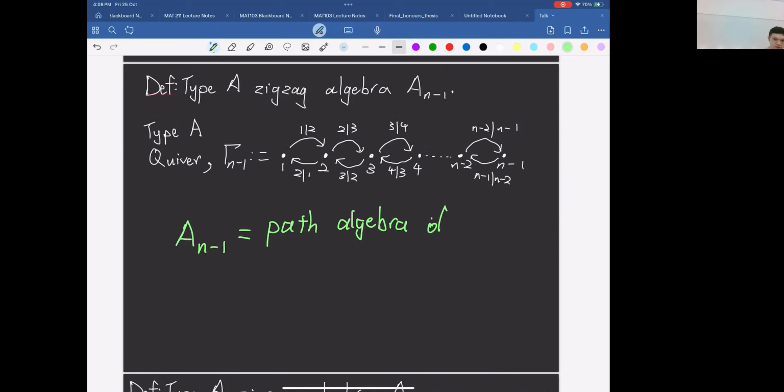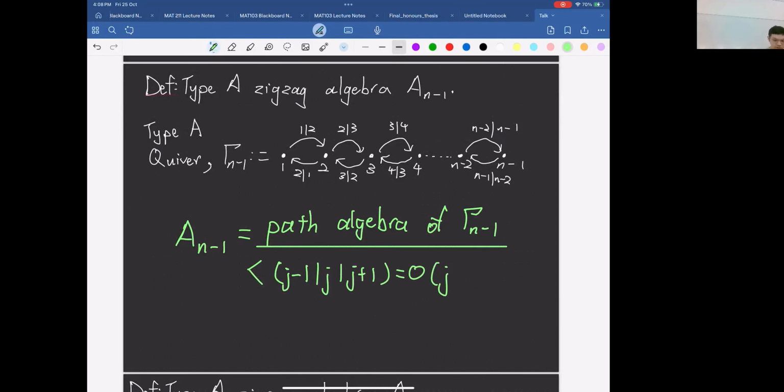So we consider the path algebra, but we quotient out some relations. What relations do we quotient out? First of all, we cut out all the length 3 paths. Let me write down the general formula first, and I'll tell you one example: the path 1,2,3 will be 0.